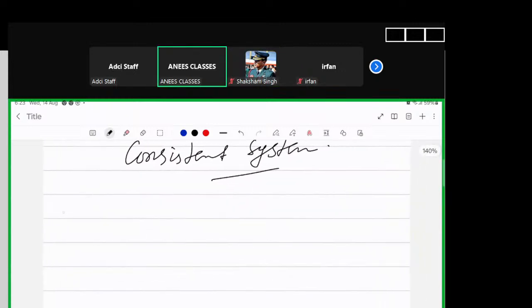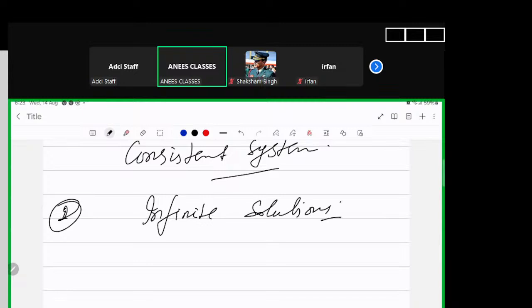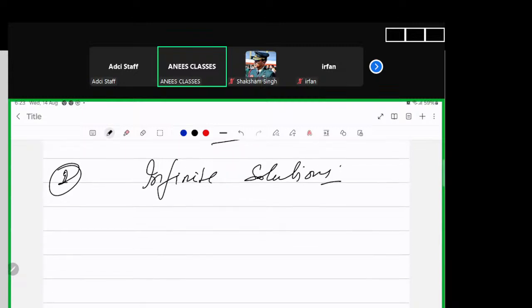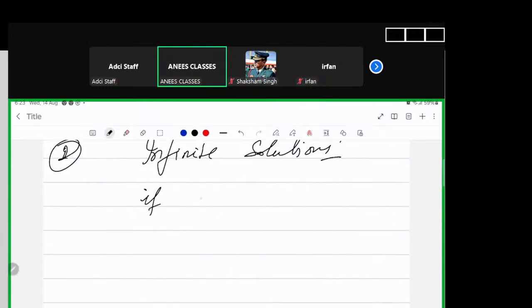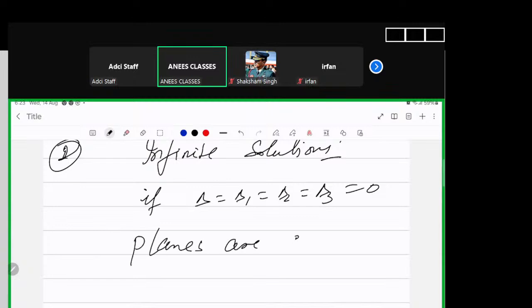Now, point 2. Infinite solutions. That means if delta equals delta 1 equals delta 2 equals delta 3, all 0, the planes are coincident.